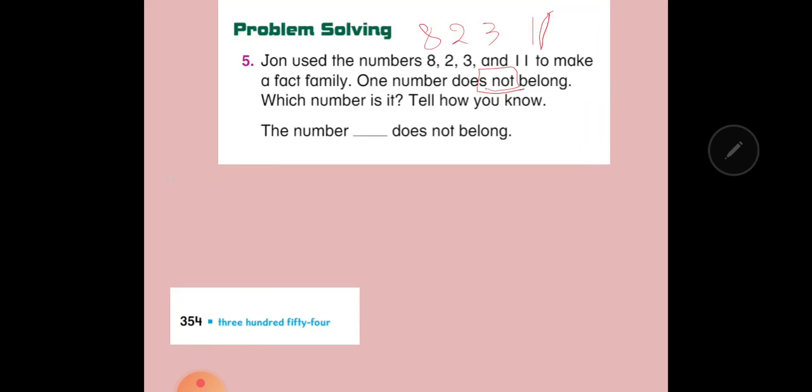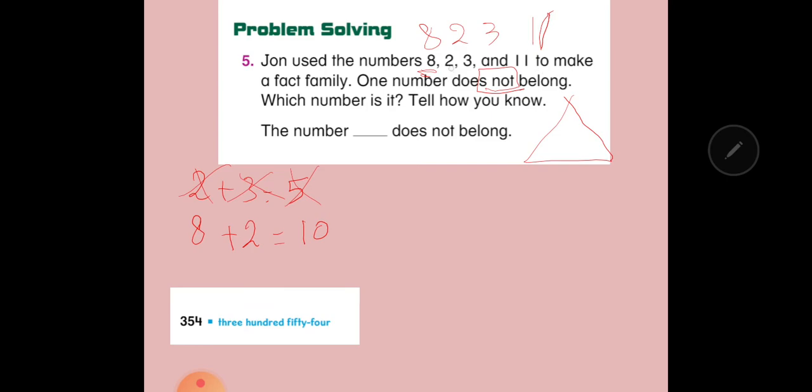Let's try 2 and 3 together. If I put 2 plus 3 together, what is the answer? 5. Do you see 5 in this family? They should have 3 numbers. Can you see 5? No, so I cannot put 2 and 3 together. Now, let's try to put 8 with 2, because 11 I cannot have from 3 and 2. 8 and 2 equals 10.